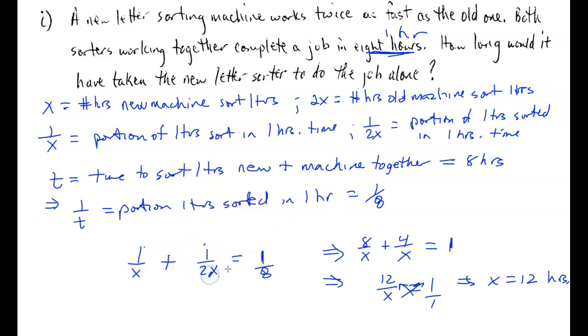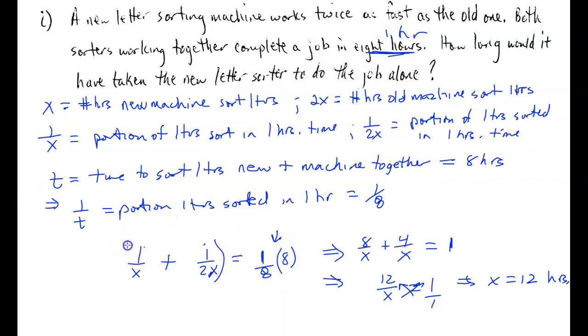Now, I could actually solve this equation just using that, but we want to use the fact that it's taking 8 hours to do everything, because on this side here, if we multiply this times 8, then if we do 8 of these 1/8, it means that the job is completed because 8/8 of the letters are sorted.